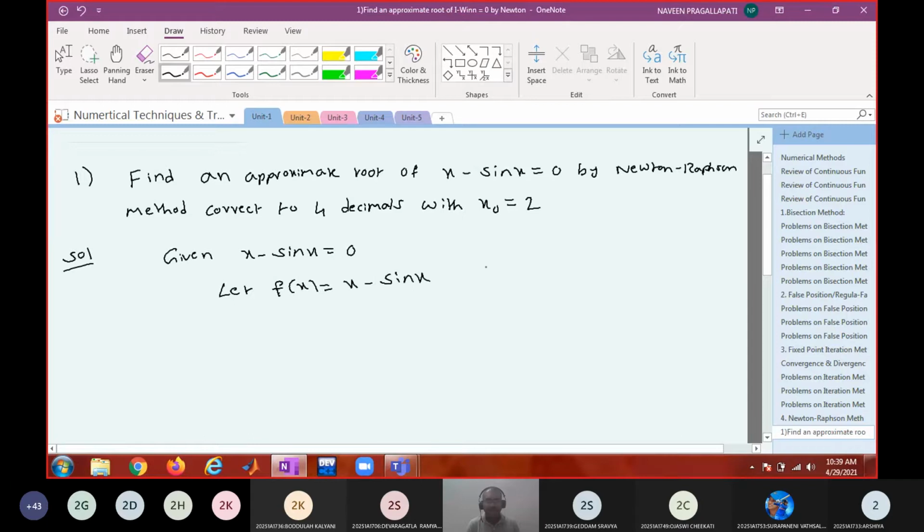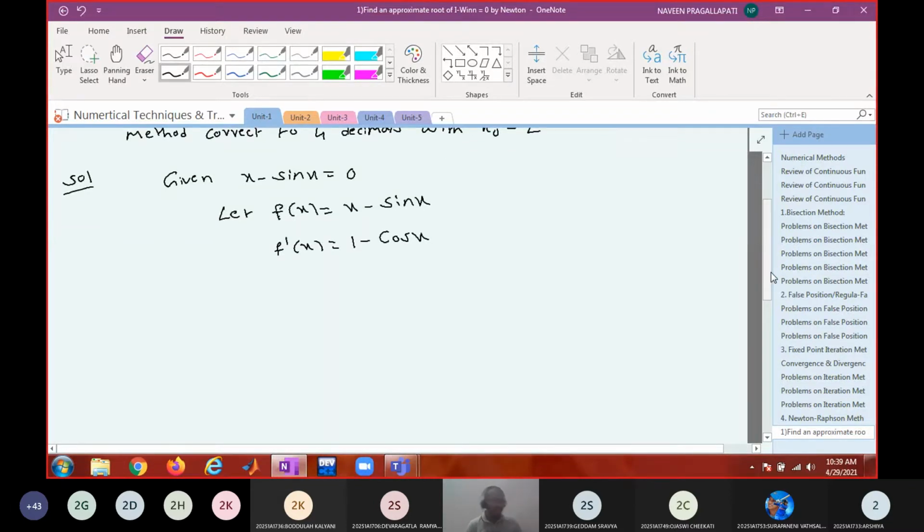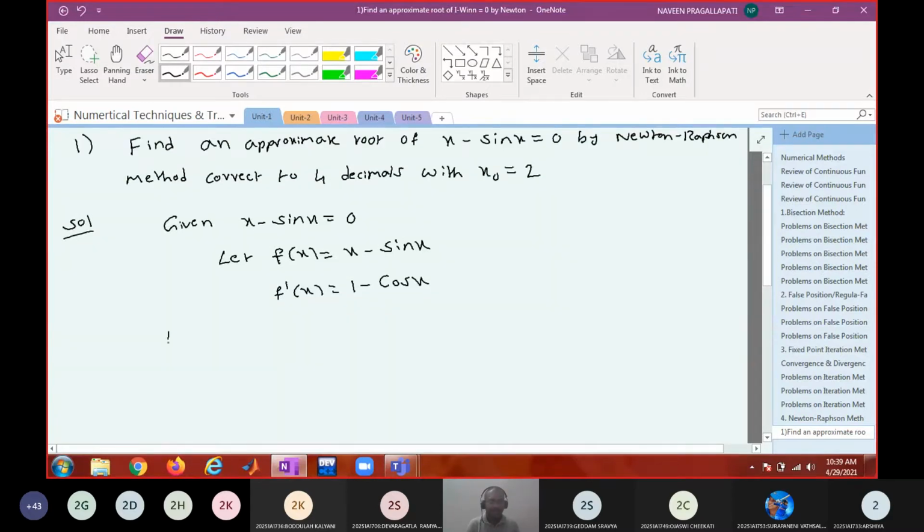Now find the derivative: f dash of x is equal to 1 minus cos x. Also fix the angle into radians. Press shift mode, select option 4 for radians. Did you set your angle in radians? Yes, sir. Okay, so apply the Newton-Raphson method.